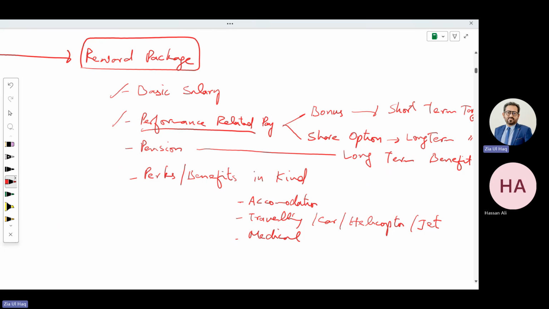There is no issue with that. But performance related pay will encourage them, will motivate them to perform more, to put more effort towards the performance of the company. And this pension should not be short term, it should be long term. Why? To maintain loyalty and retention of the directors. And these things relate to their personal life.